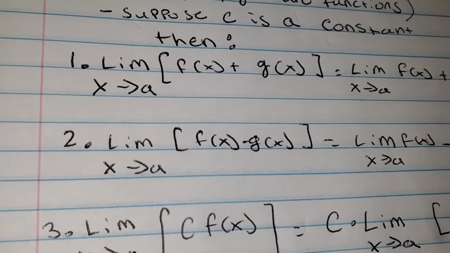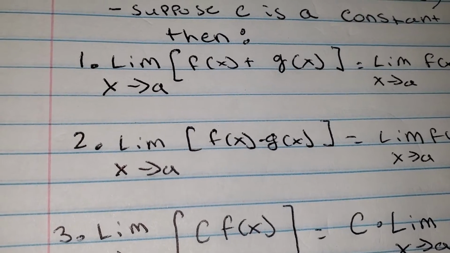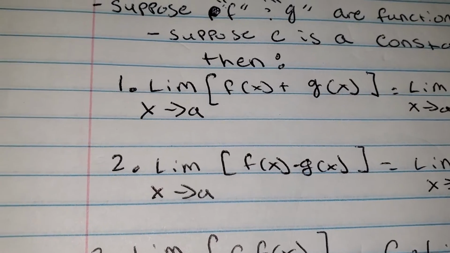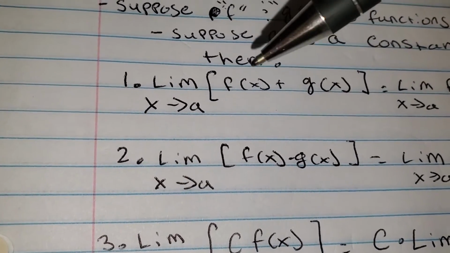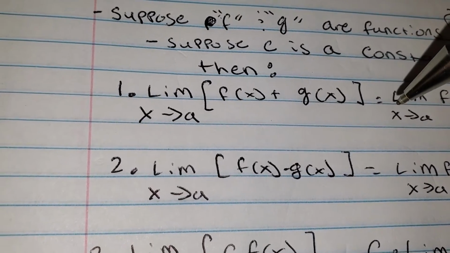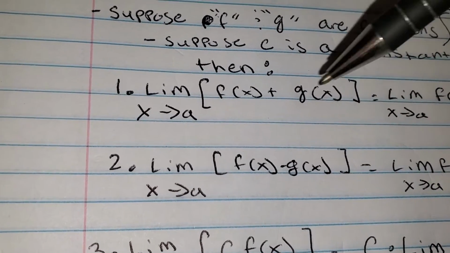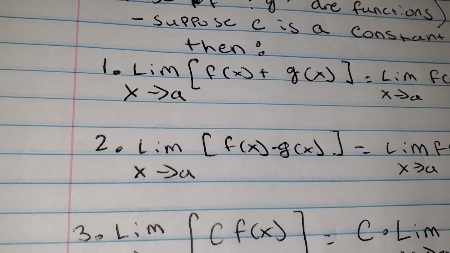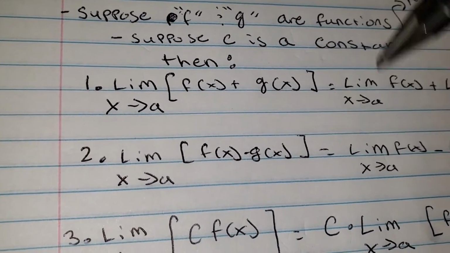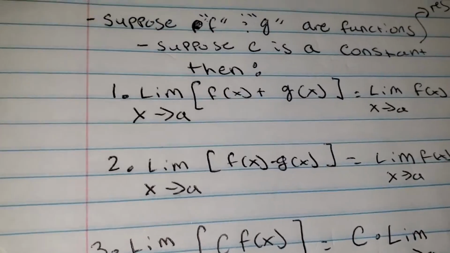Now, what if we want to add or subtract the limits? For the first and second one, if we have the limit as x approaches a of f of x plus g of x, or f of x minus g of x, we could split the limit apart.